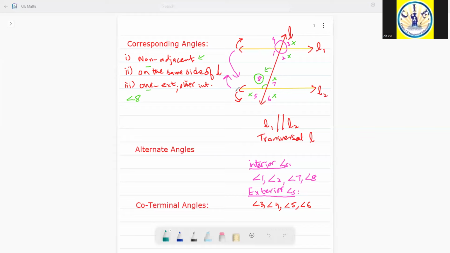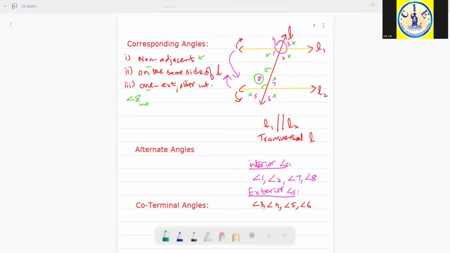Since angle 8 is itself an interior angle, angle 1 cannot be the corresponding angle to angle 8.